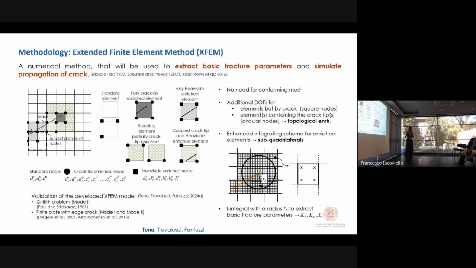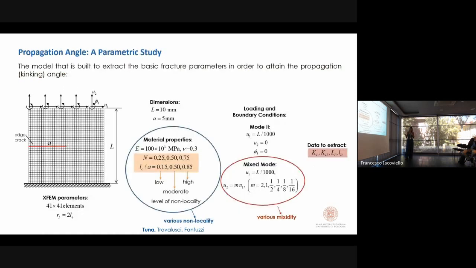I'm not going to give too much detail, but as you know, it is a computationally efficient model because there is no need for a conforming mesh with the correct geometry, and all the singularity and discontinuity is accounted for through additional degrees of freedom at the enriched nodes. And with this method, using the interaction integral, we extract the required intensity factors.